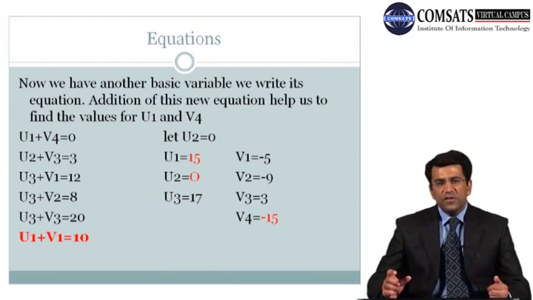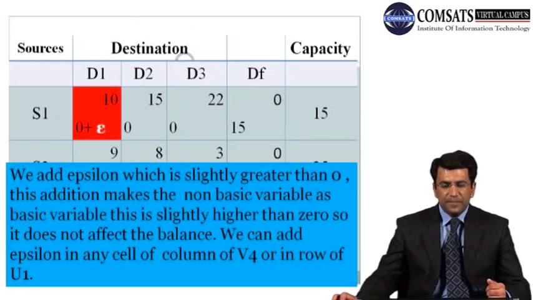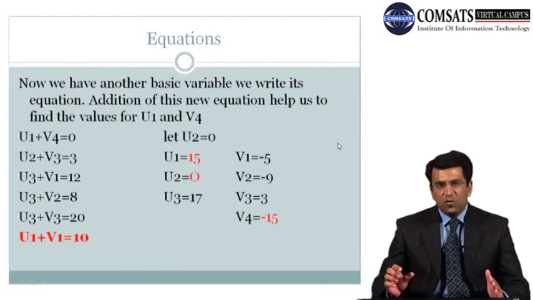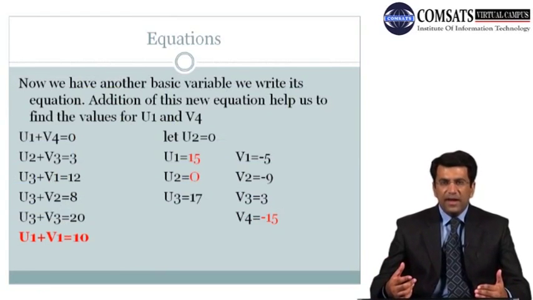We added epsilon in the first cell, that is S1D1. After we have added this non-zero value in a particular cell, we have converted a non-basic variable into a basic variable, and now our occupied cells become equal to the m plus n minus 1 condition.